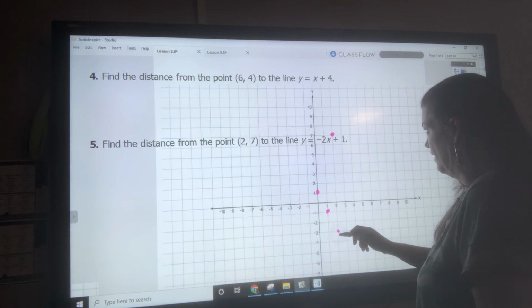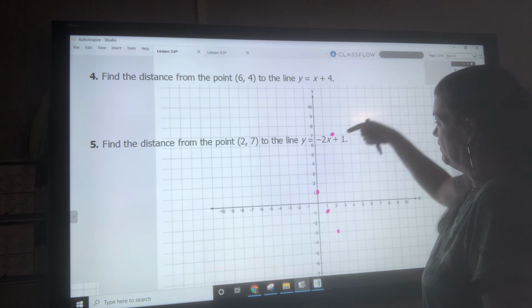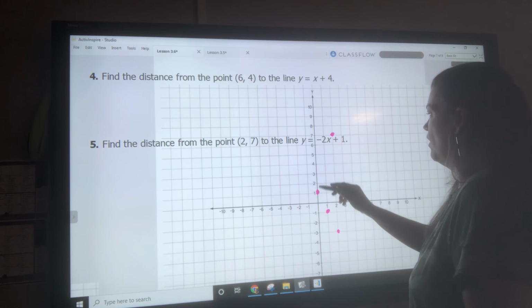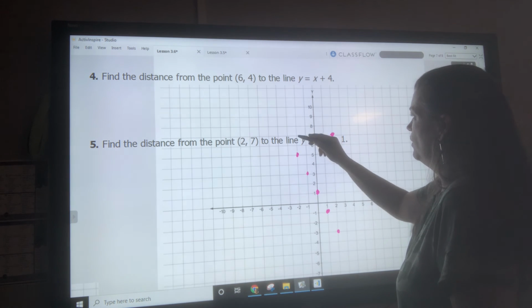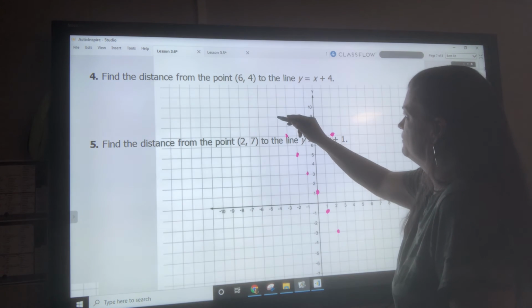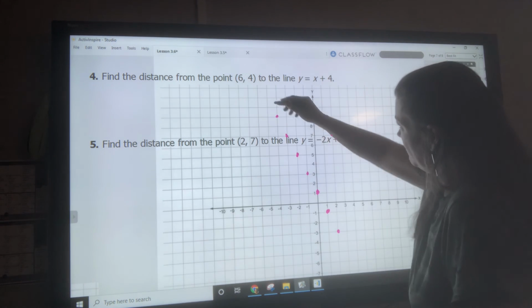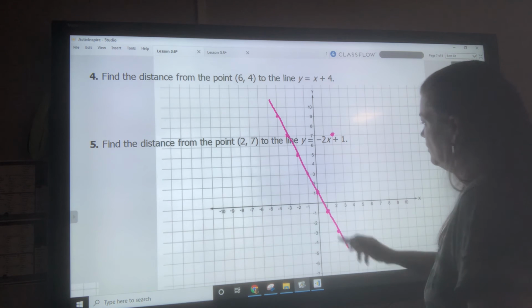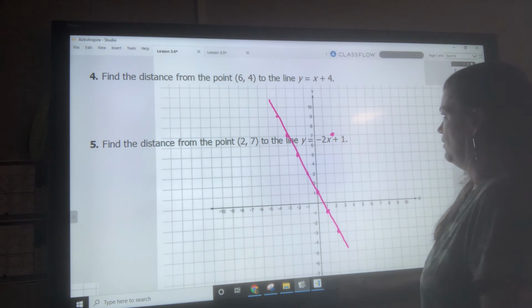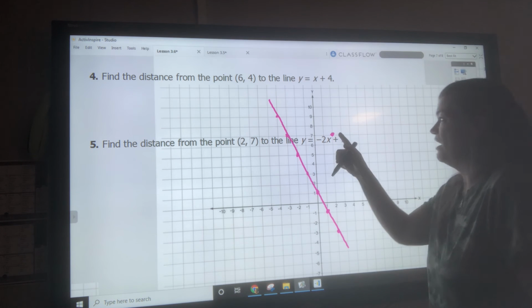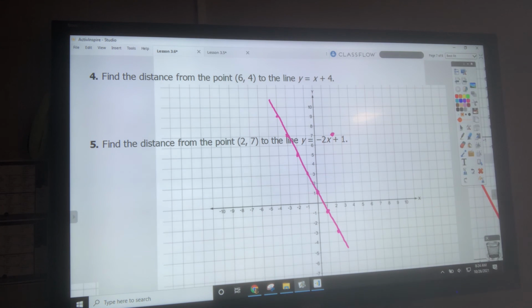If my point's here, perpendicular is going to be, so I'm going the wrong way. So I need to extend my line going the opposite direction. Okay, so I'll have a line that looks like this, goes through 1, and it has a -2 slope. And I want to travel from this point to that line. Well, how do I do that?